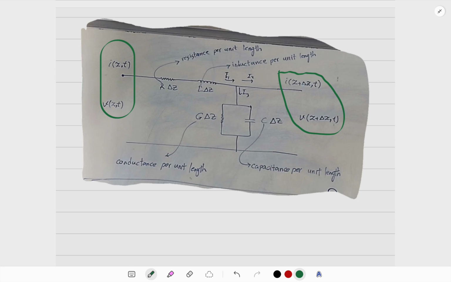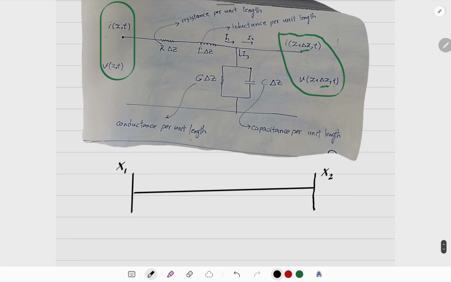Actually, only this delta Z is making the difference, but let's see why. For the transmission line chapter, we are investigating a very long, particularly an infinitely long transmission line. Let's call this place x1, and this is x2.